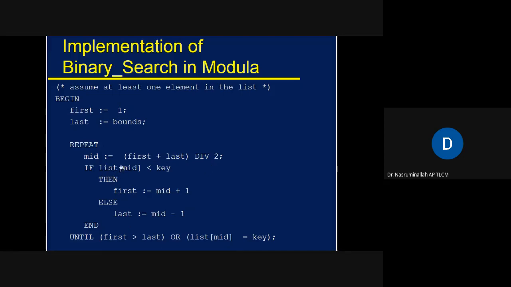If the middle element is less than key, it means the key can be found to the right side of the middle element. So in that case, first will be revised to middle plus 1. Otherwise, if the middle element is greater than or equal to key, then last will be revised to mid minus 1.